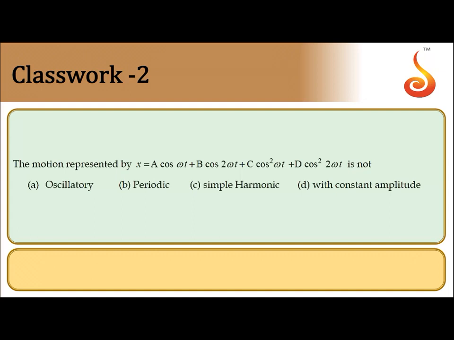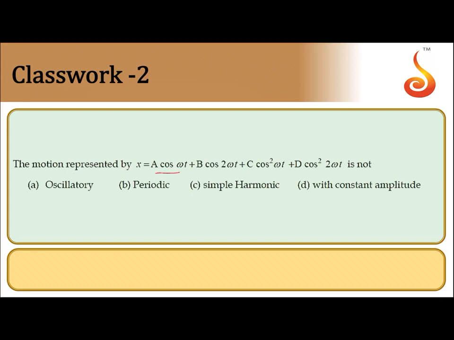So each function is a sine function or cosine function here. Sine function represents a periodic function. So it is a periodic function but not a simple harmonic function because sine square, cos square terms are there. So it will not be a simple harmonic function.